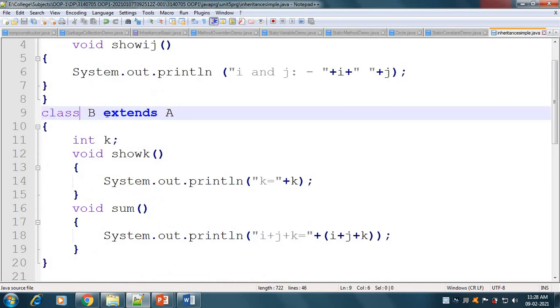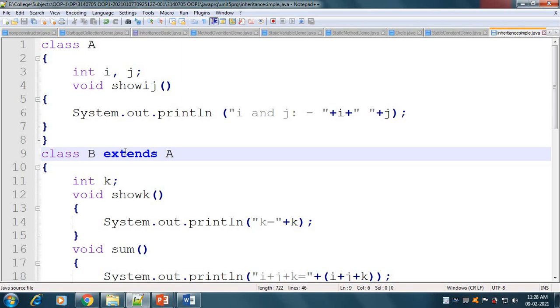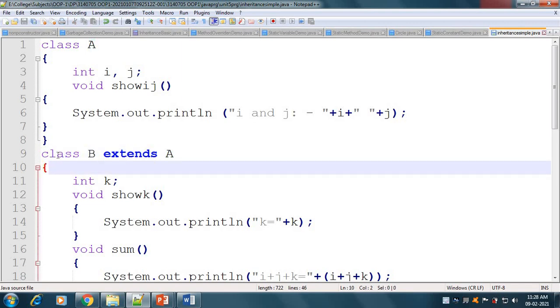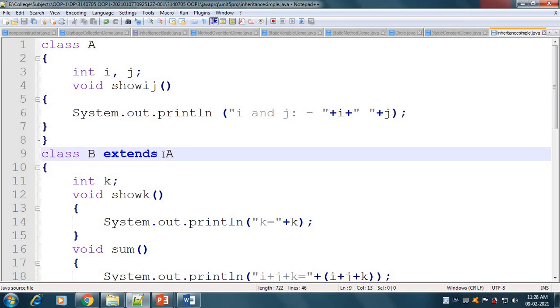Now we have class B, and it wants to inherit properties of class A. So we will have to write class B extends A. This is the syntax for inheritance. Class B is the derived class, then the extends keyword, then another class name. Here many students make the mistake of writing class B extends class A. No, we will have to write only class B, because we declare class B here.